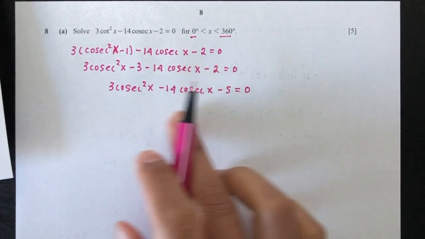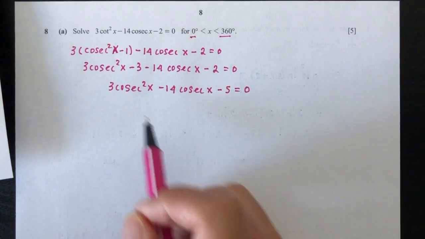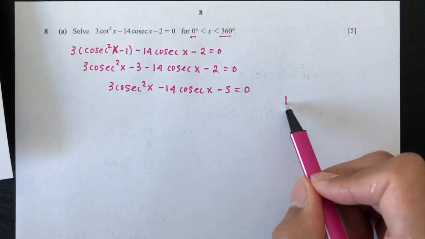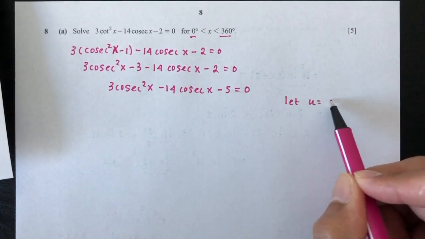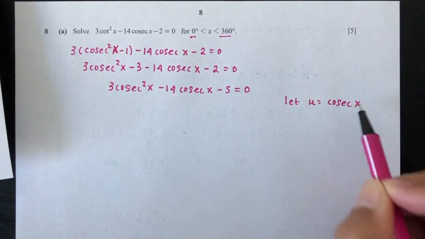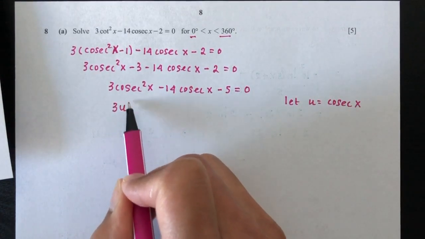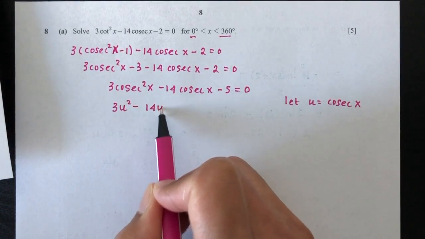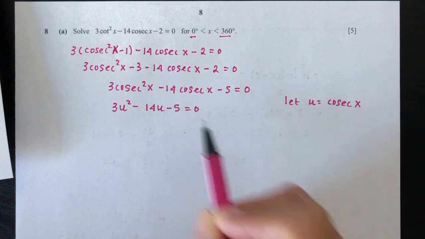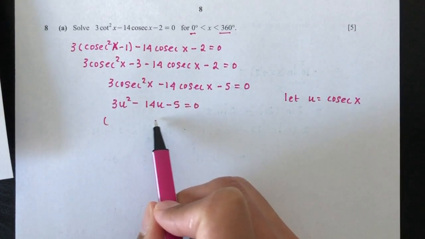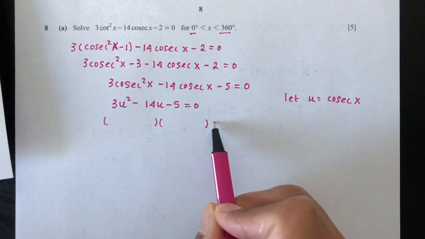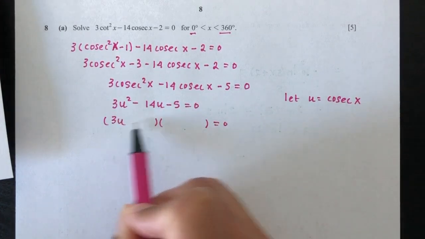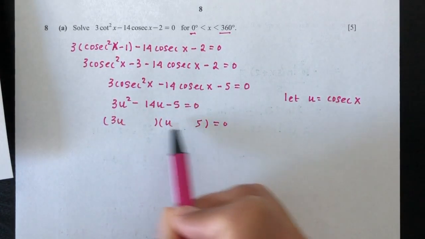Now this one is just like a quadratic equation, but if you are confused by this, we can just say let u equal to cosec of x. You will have 3u squared minus 14u minus 5 equal to 0. So we can just factorize this equation. You'll have 3u times u. 5 is 5 times 1.